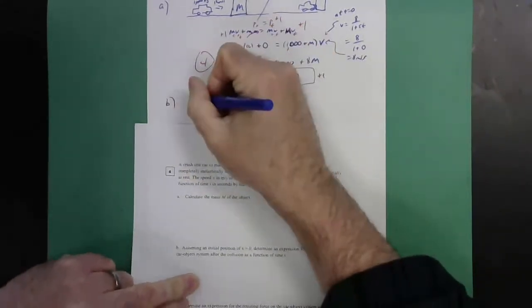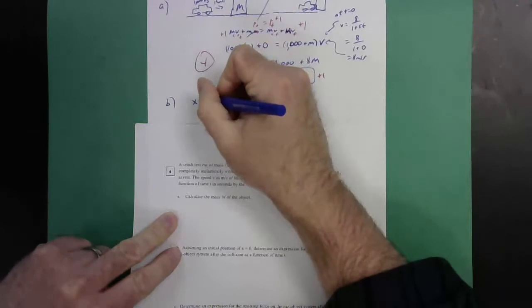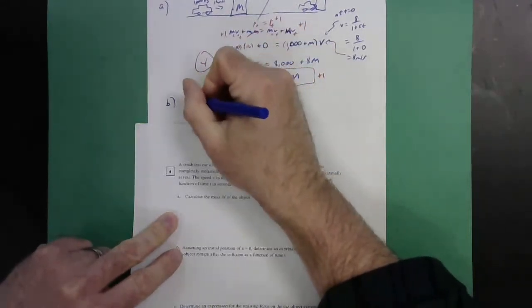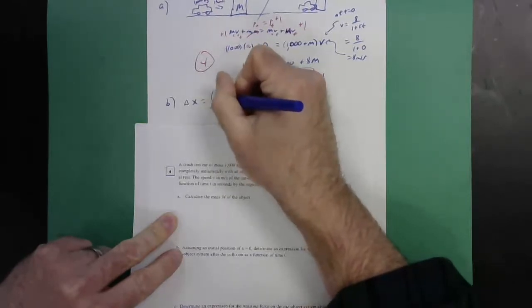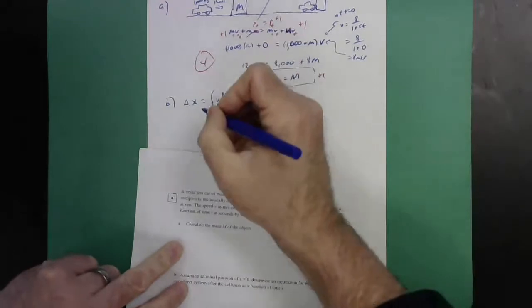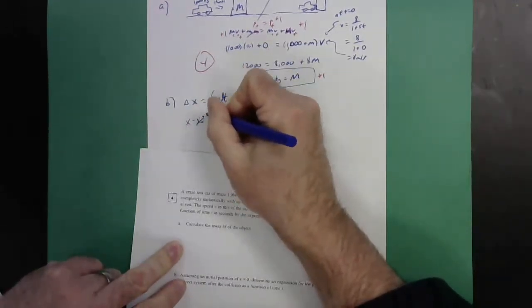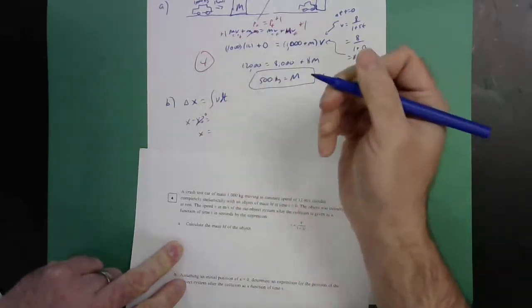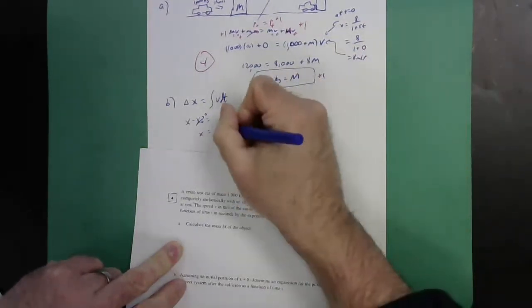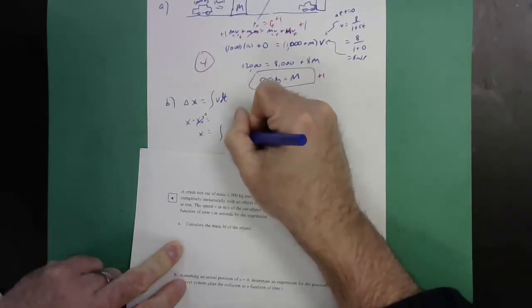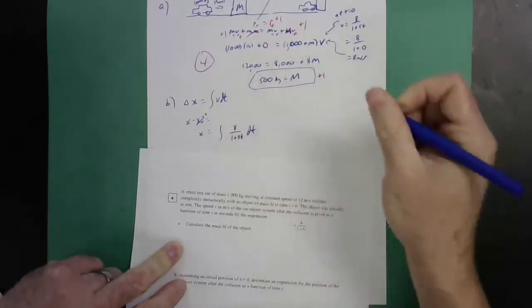So the change in position really is the area under the v-t graph. The integral of v dt. That would be x minus x naught, and x naught is 0, right? So my position is going to be that integral of v dt. So I'm going to take the integral of 8 over 1 plus 5t dt.